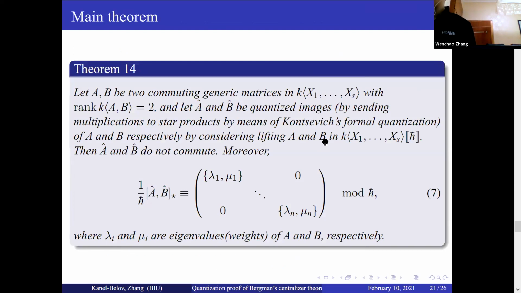Here comes our main theorem. So if A and B are two commutative generic matrices, non-scalar in the generic matrix algebra K x1 to xn, with rank 2, let A hat and B hat be the quantized images of A and B respectively, which send multiplication to the star product.